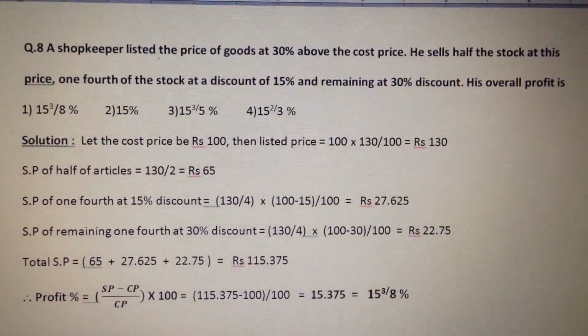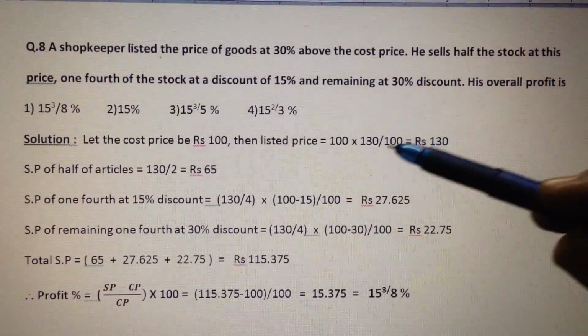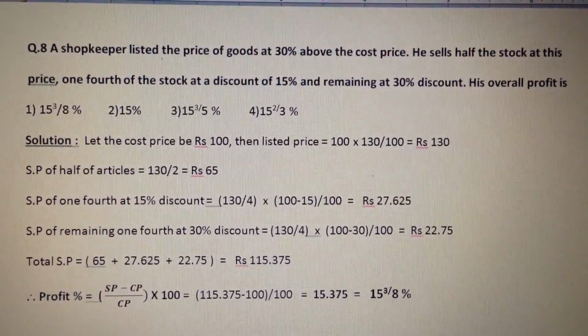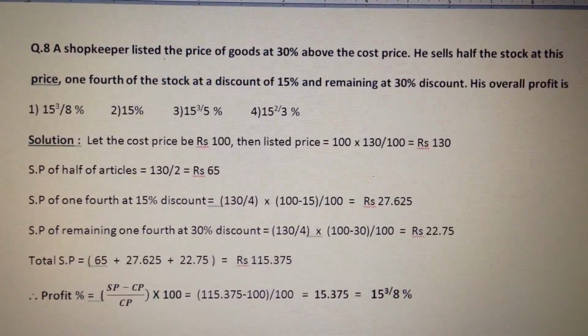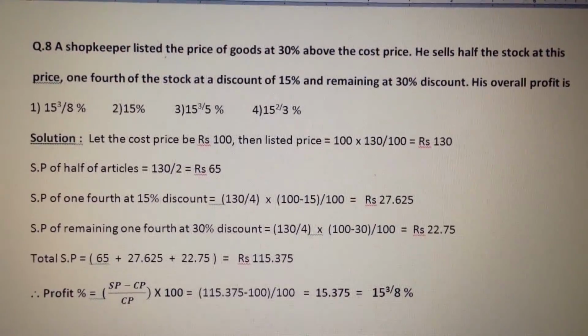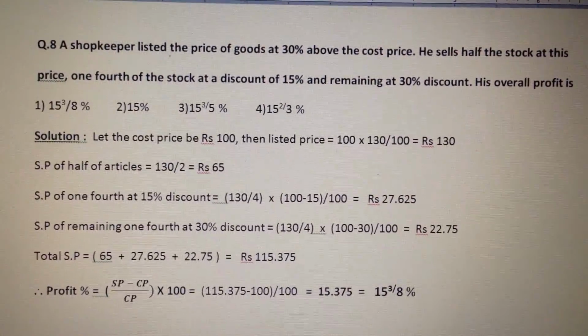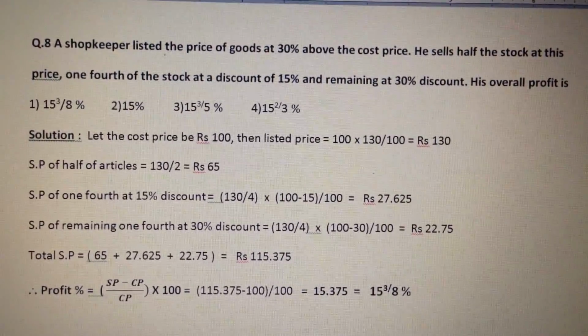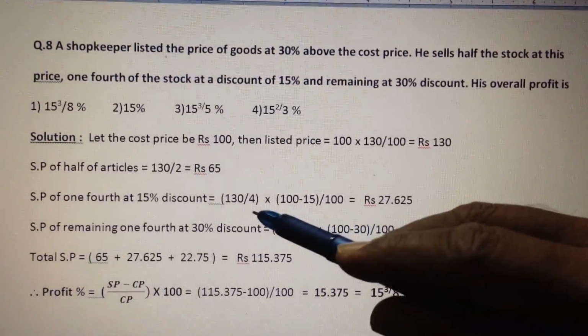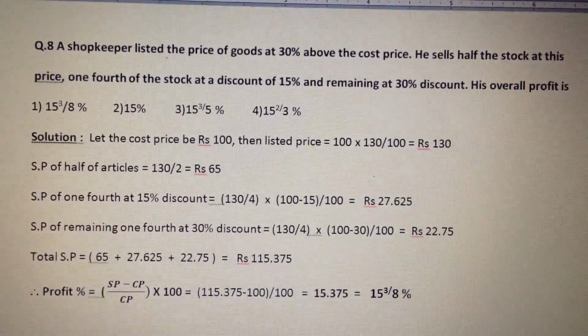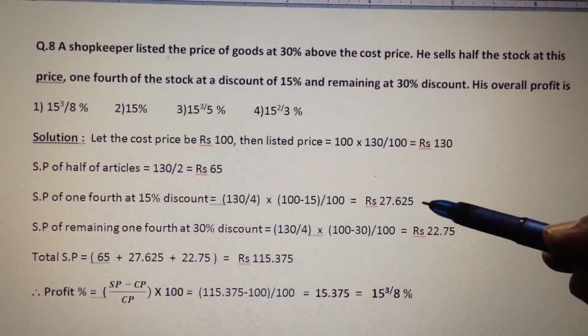Therefore, the listed price or the market price is equal to 100 into 130 by 100, which is rupees 130. Now the selling price of half of the articles is 130 by 2, which is 65. Now the selling price of 1/4 of the articles at a 15% discount is equal to 130 by 4 into (100 minus 15) by 100, which is equal to rupees 27.625.